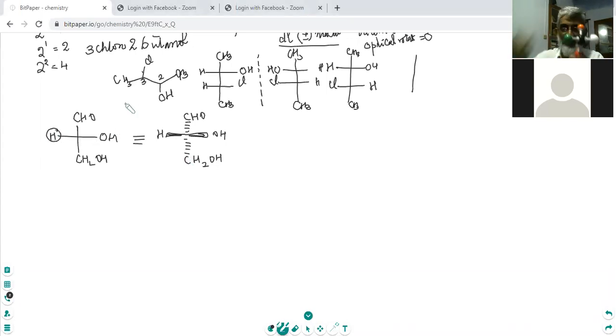This green one is the OH group, which I have drawn on the board. This one is orange, and this one is red.